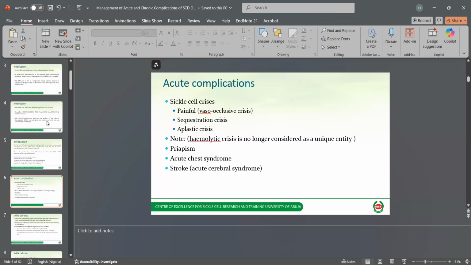This includes the painful or vaso-occlusive crisis, or some people call it bone pain crisis, because it occurs commonly.